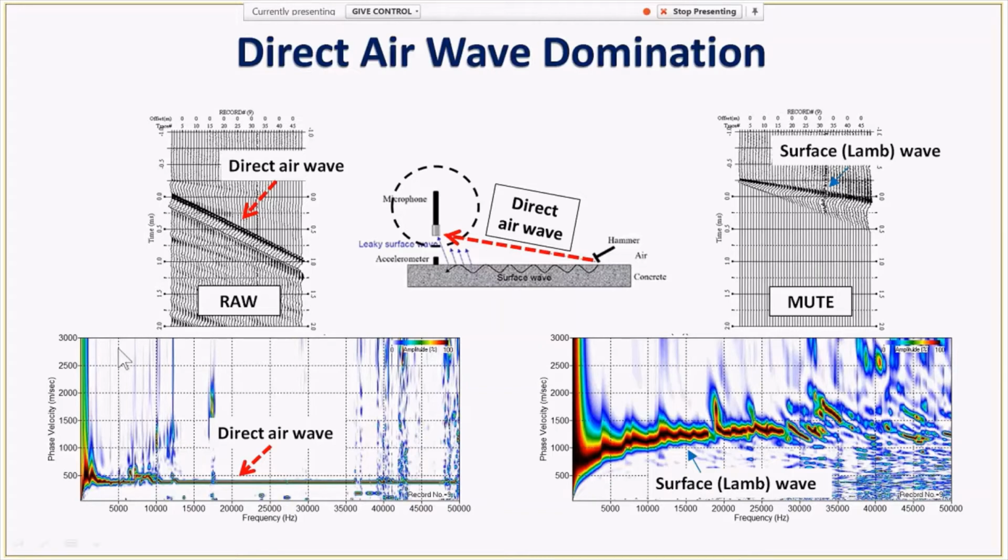So if you use this raw data as is and construct a dispersion image, all you will see is the phase velocities of these air waves, which is useless. That's why we need to get rid of these strong air waves through a proper method.